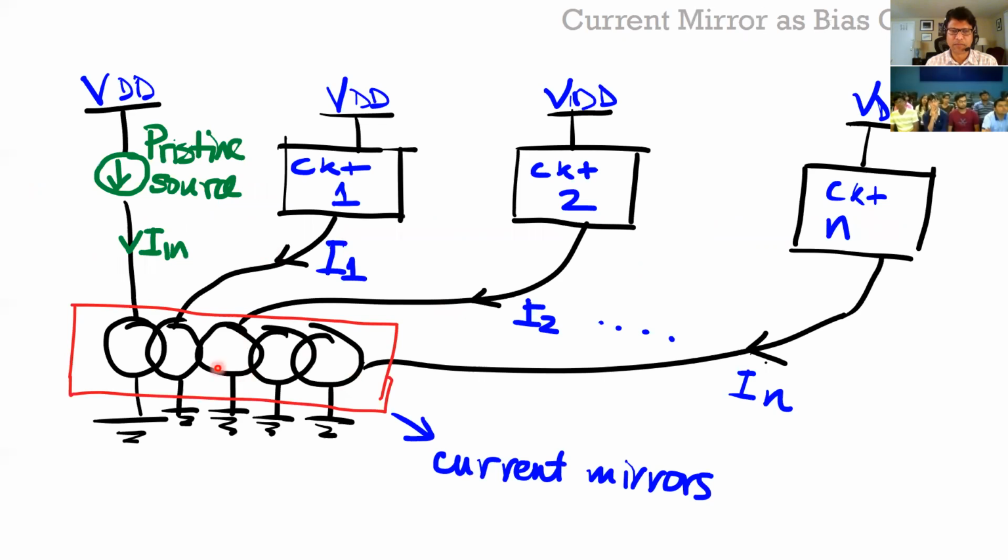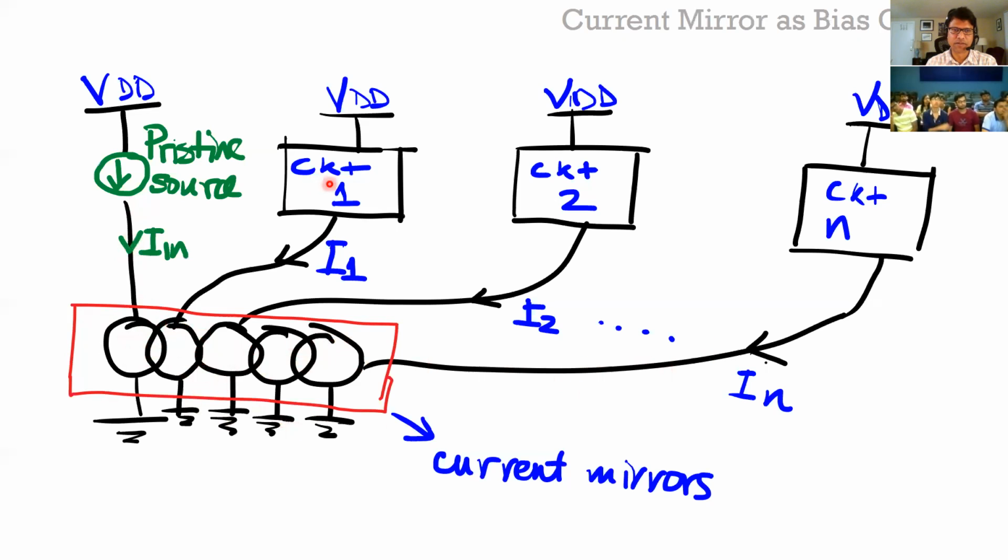So this is what I mean by biasing different circuits. Usually this is a pristine current source which is given to you, whatever that current source is, from a bandgap or other reference. And we create these copies using these current mirrors in one place. Again, I won't cover in this lecture, but maybe when we cover references from a project point of view, I'll explain why we don't separate this out.